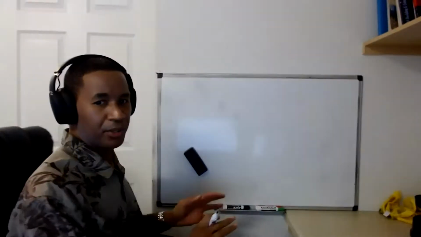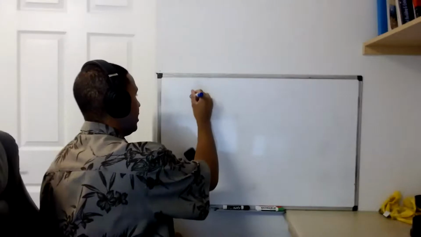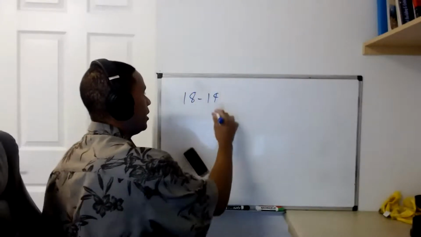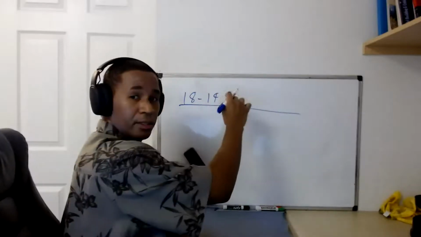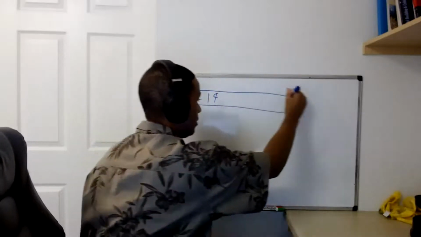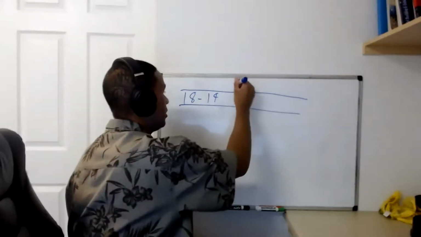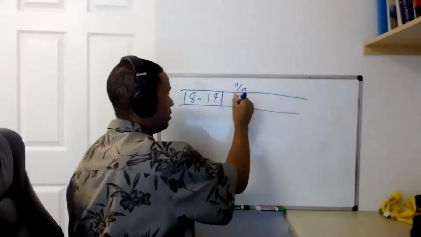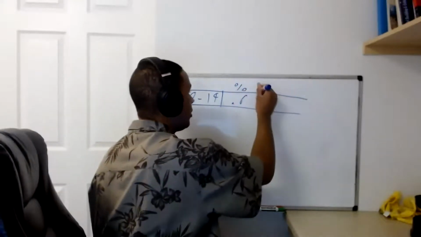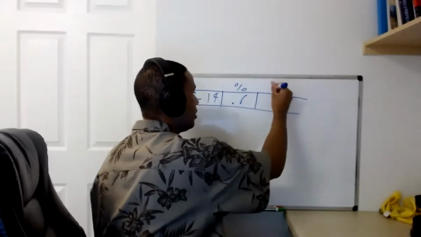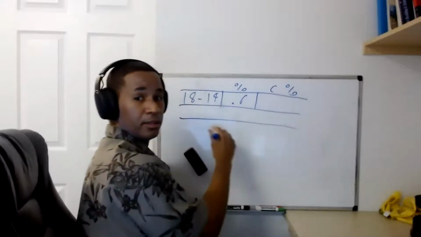Okay, so we have females. We're just going to look at females first. We have the 18 to 19 category, and for the first category, the percentage is 0.6. Then after that I create the cumulative percentage.